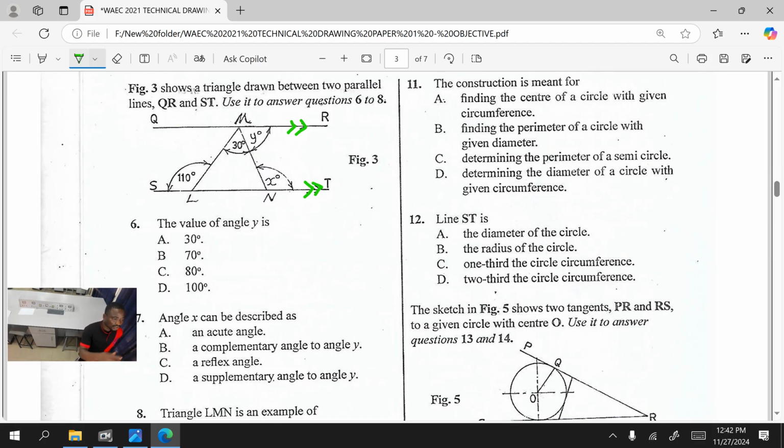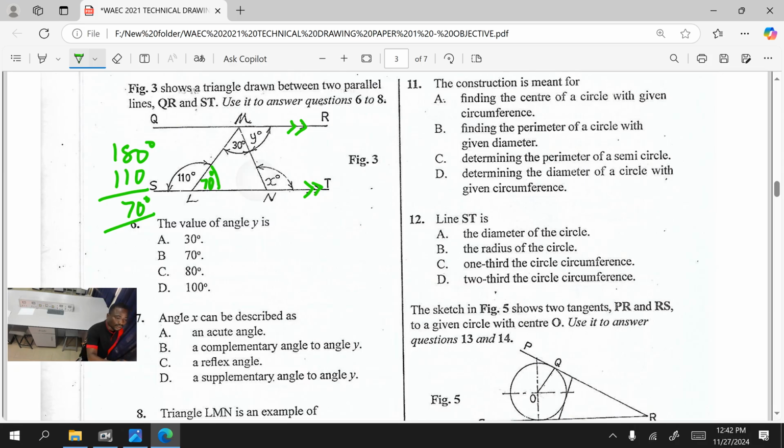So even before answering the question, if I were you, you work on the diagram you are given first. Look at this angle SLM. They tell us it is 110. So what is going to be on the other side? It is angle on a straight line. So if you take away 110 from 180, angle on a straight line will have what? 70 degrees. So this place will be what? 70.